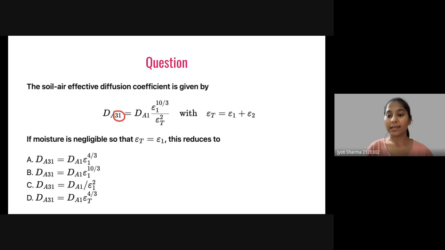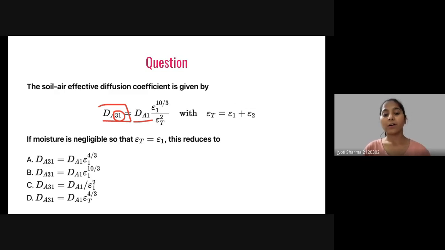Now, in soil air effective diffusion, we have a coefficient, and this coefficient is now Da31. 3 is for the soil, 1 is for the air. This diffusion coefficient is related to Da1, and here we have the porosity of your soil, epsilon a to the 10/3 divided by epsilon T squared.